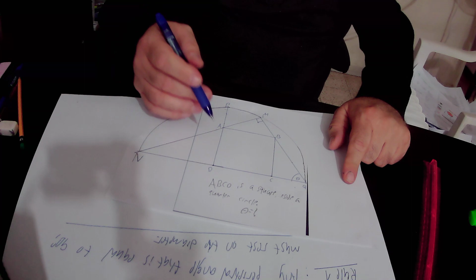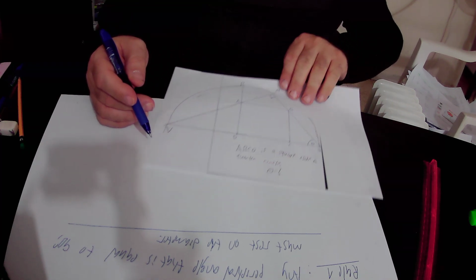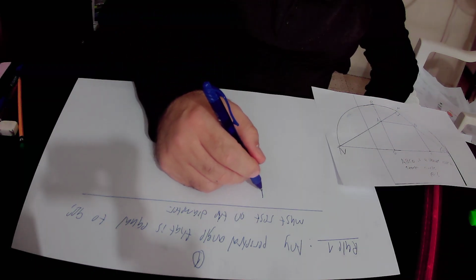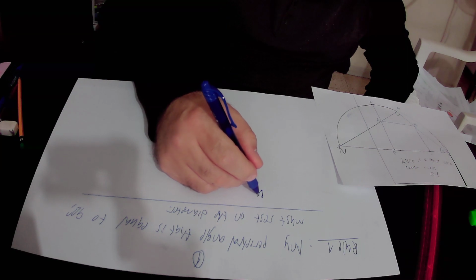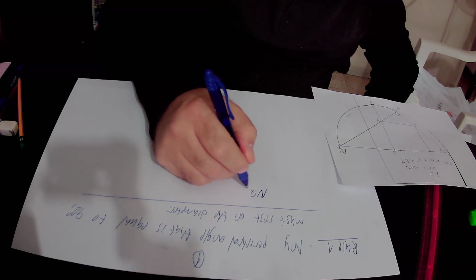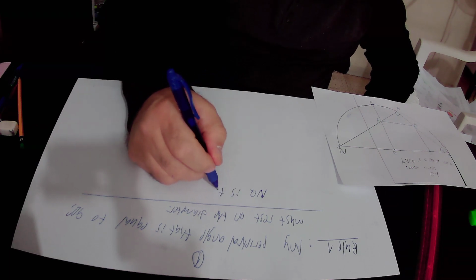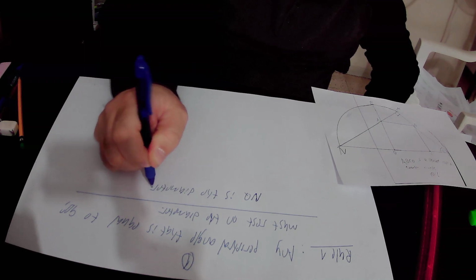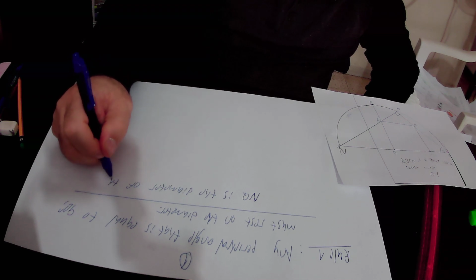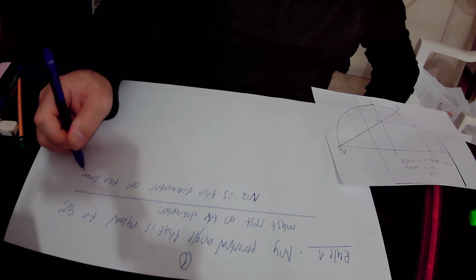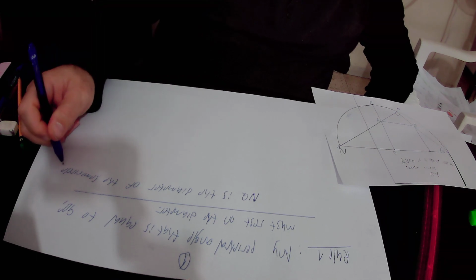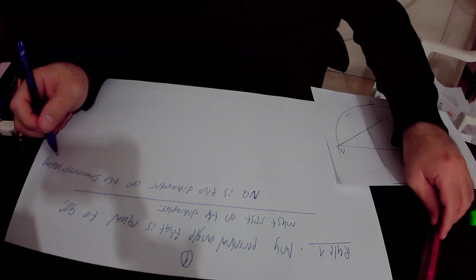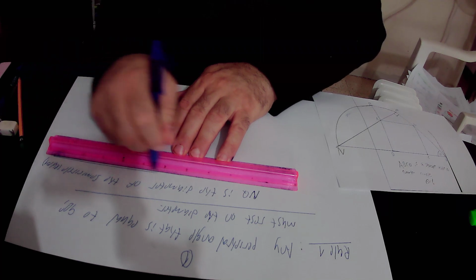So NQ is the diameter of the semicircle according to rule number 1.